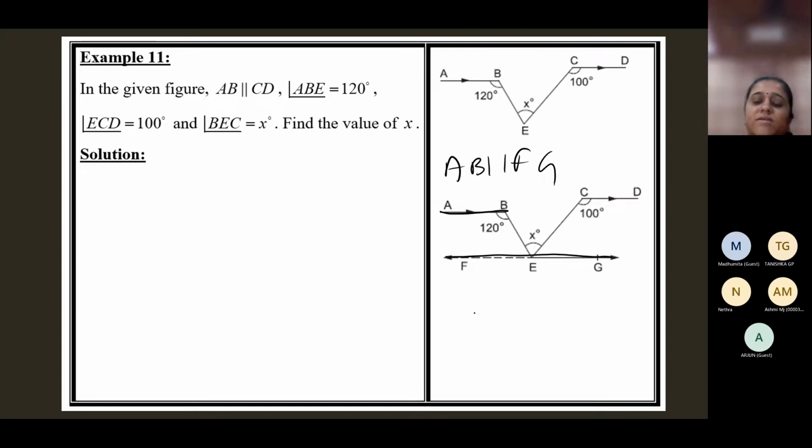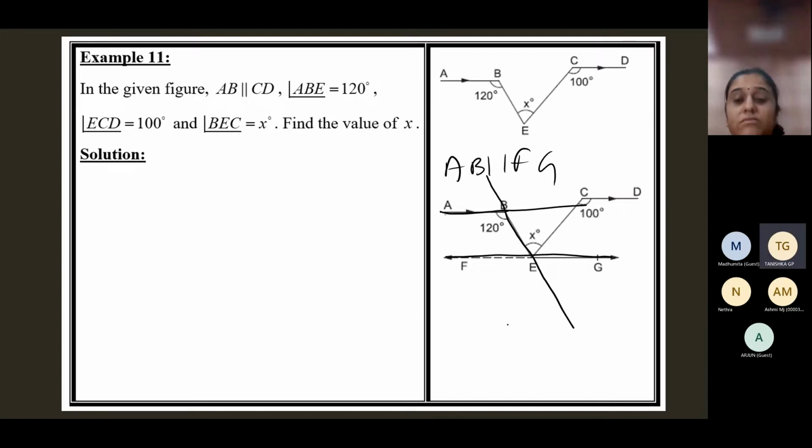Very good. Then transversal. You should take only a set of parallel lines and one transversal at a time. First, which one did you take? BE is a transversal. Very good.